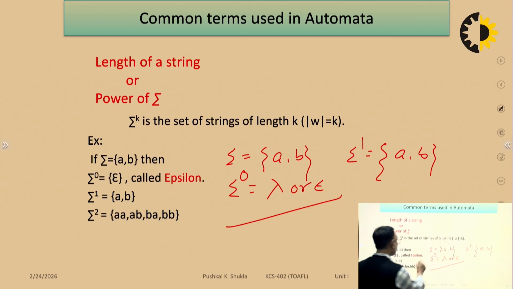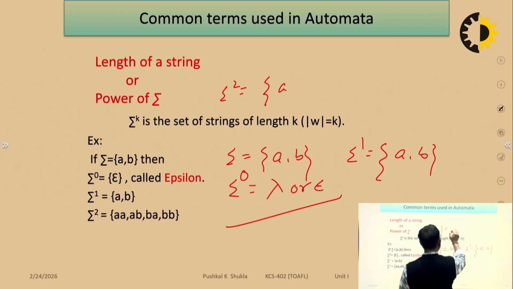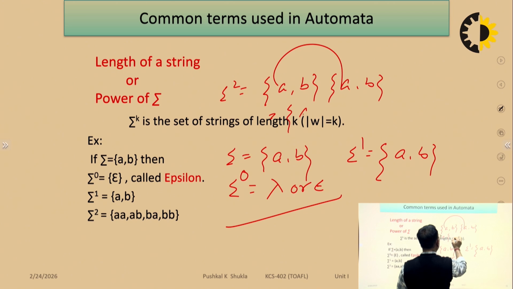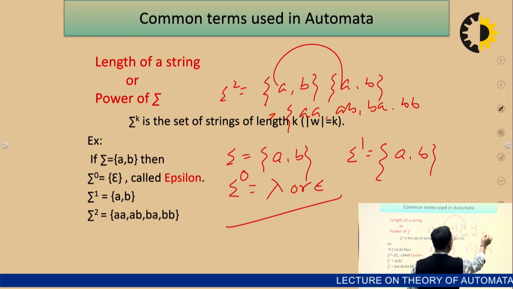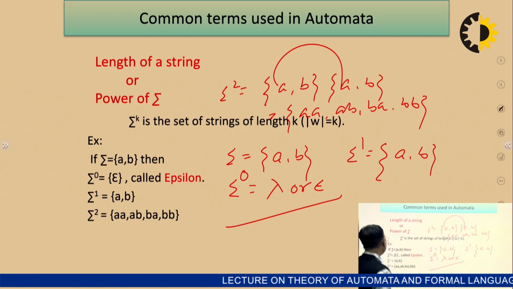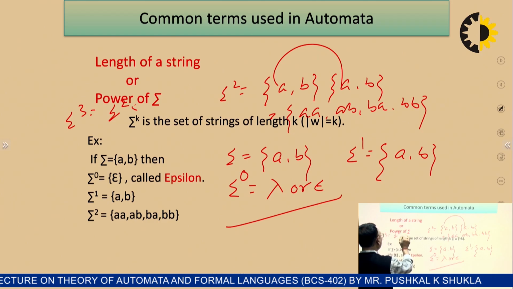Sigma 2, if we are going to calculate, so what we do here: A and B, and A and B. So what possibilities are there? AA, AB, BA and BB. Again, if we are going to calculate sigma 3, we take sigma square into sigma.